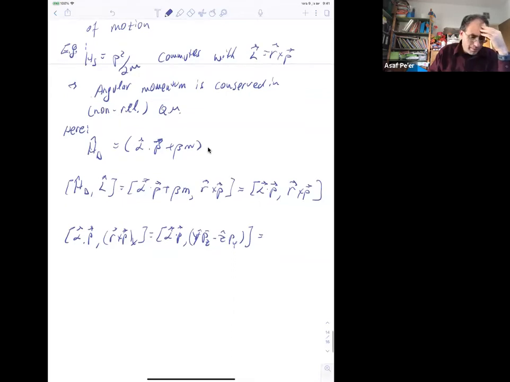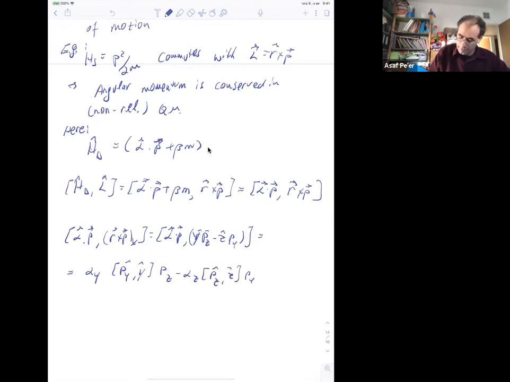So I have alpha Y, and then I have Py and Y, Py, Pz, minus alpha Z, Pz, Py. Yeah, that's all we have. The rest would commute: Py would commute with Pz, Px would commute with Pz. I don't need to do anything. What is the commutator of Py and Y?